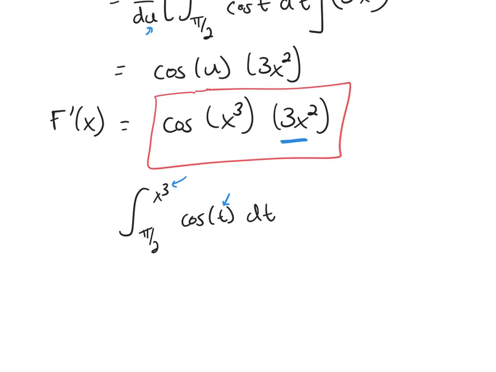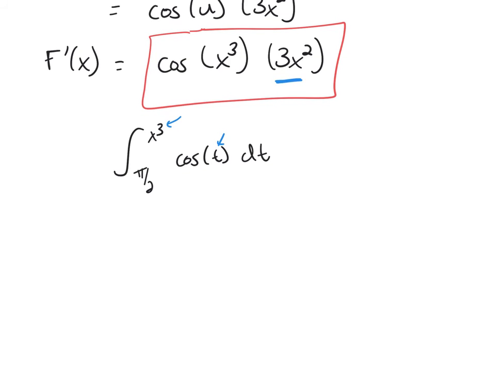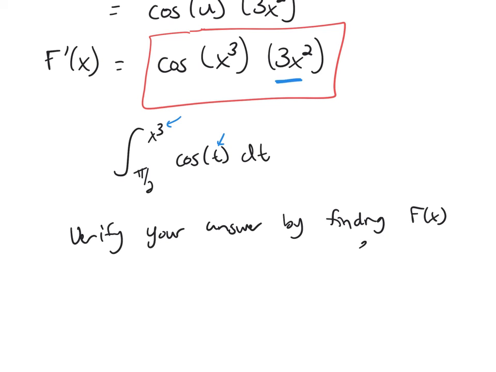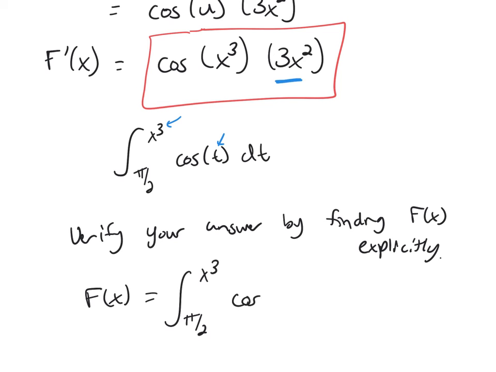You can also verify that this is the correct answer explicitly if you want. So verify your answer by finding capital F of x explicitly. Capital F of x, remember, is the integral from pi over 2 to x cubed of cosine of t.